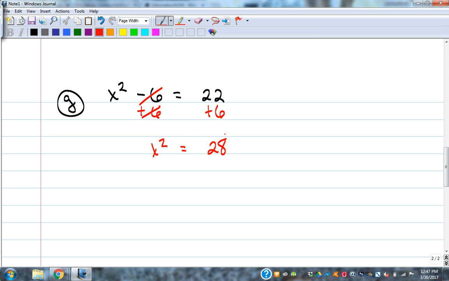That's 28 over there. Now what? Do the square roots. And then we want to break down 28. So I'm just going to go over here inside 7 and 4. Plus or minus 2 radical 7.